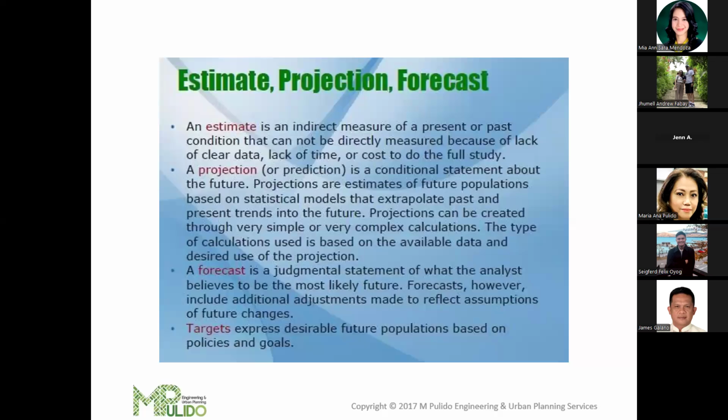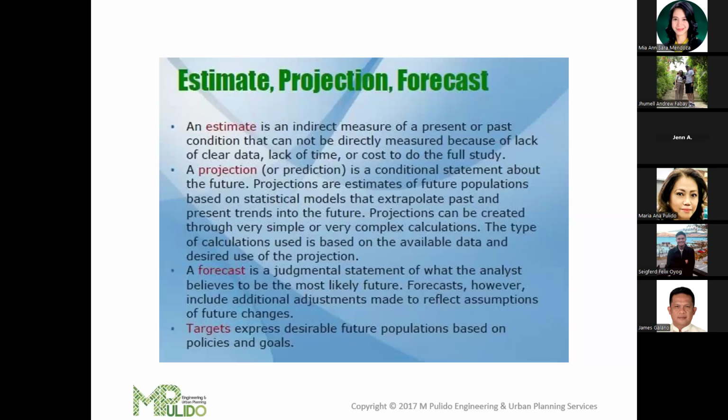If you cannot answer the first one, halimbawa, you're bothered or naantok kayo or you're having a migraine or headache, mag-check lang kayo sa test question and then makikita niyo, you will find the answers on the succeeding questions. Okay? For sure, meron din yung konting dinodoble pero normally hindi. And if you already found an answer of estimate, wag mo nang dodoblehin kasi for sure, projection.